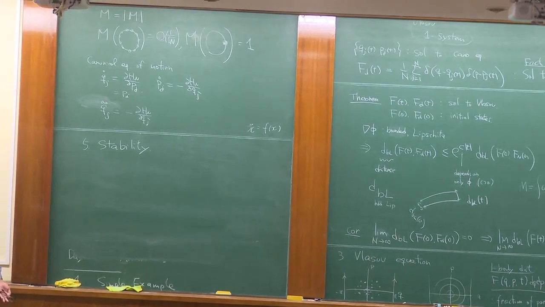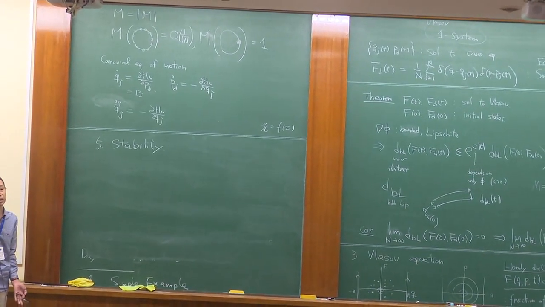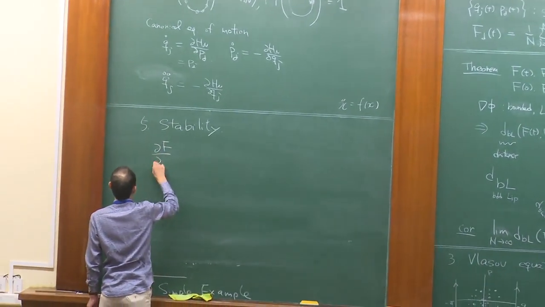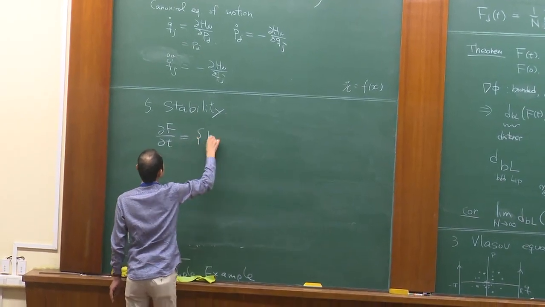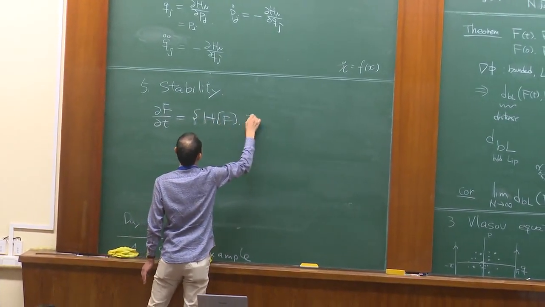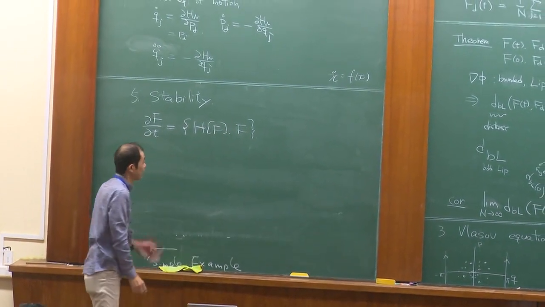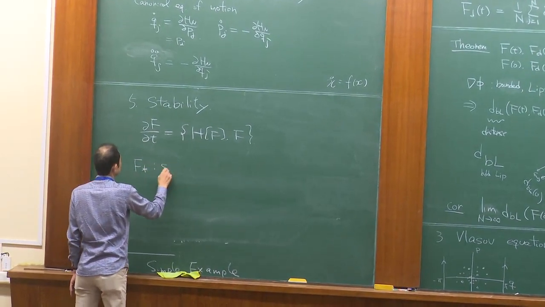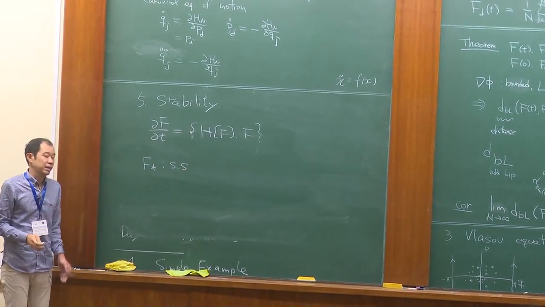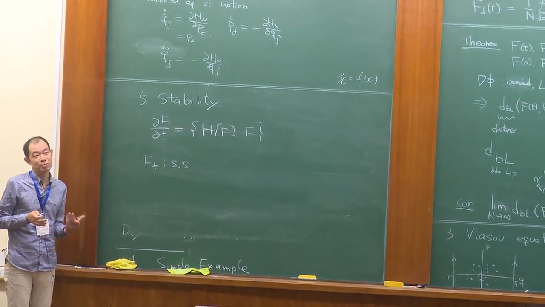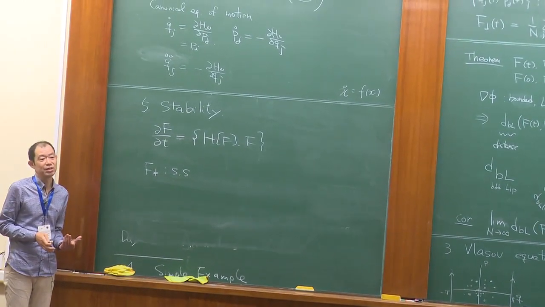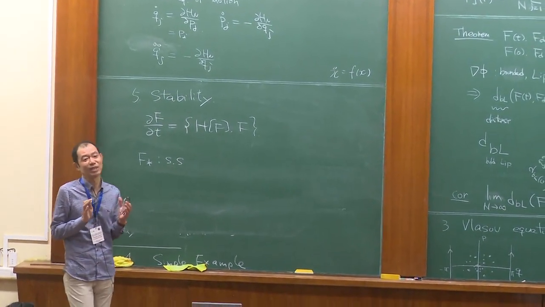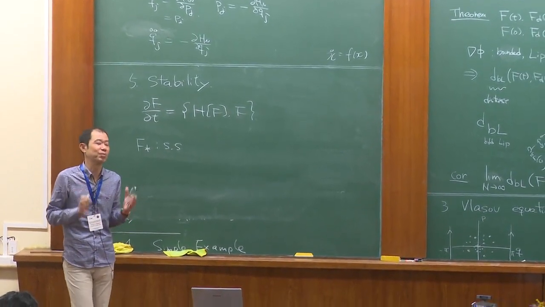So the basic strategy to analyze the stability is linearization. We start from the Vlasov equation, and we consider the stationary state. We can consider a spatially non-homogeneous stationary state, but the computation is very complicated.